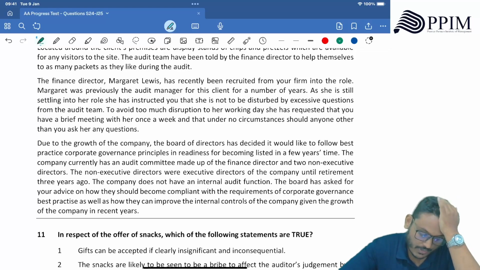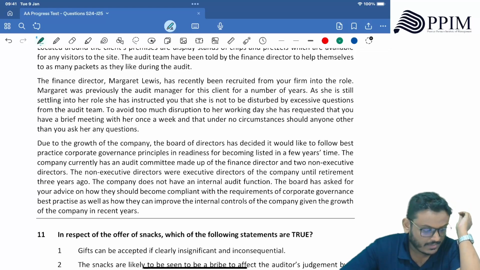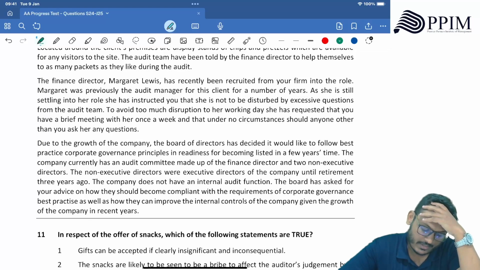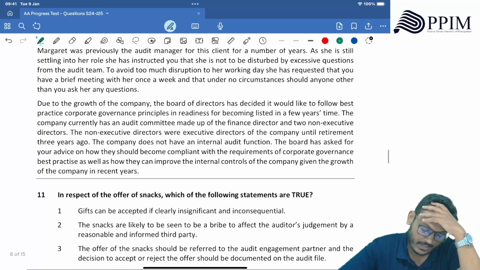Due to growth of the company, the board of directors decided it would like to follow best practice corporate governance principles in readiness for becoming listed in a few years' time. The company currently has an audit committee made up of the finance director and two non-executive directors, who were executive directors of the company until retirement 3 years ago.